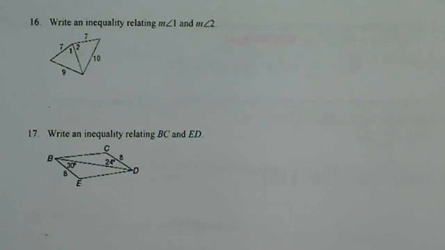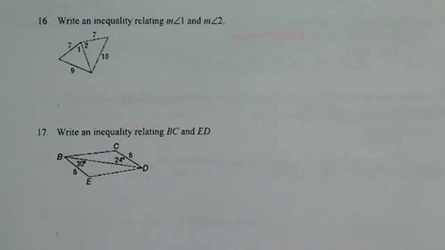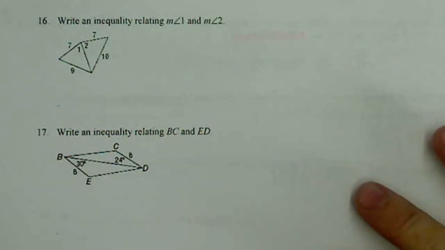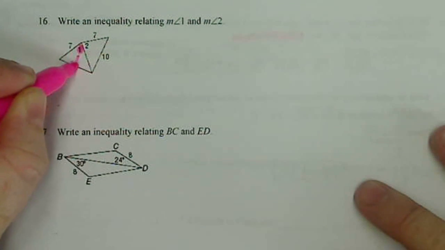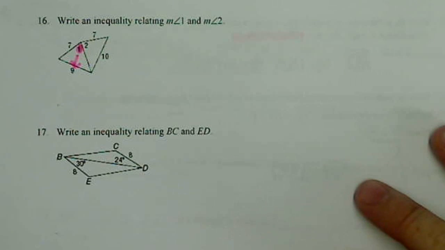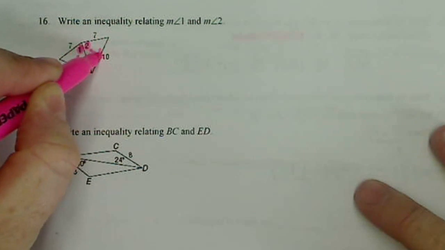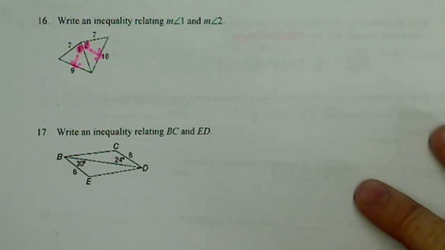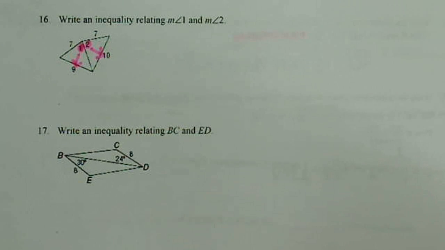Okay, number 16. We're wanting to write an inequality. So here's angle 1. Remember, it corresponds to the side opposite. Angle 2 corresponds to the side opposite. This talks about using your angle side relationships.